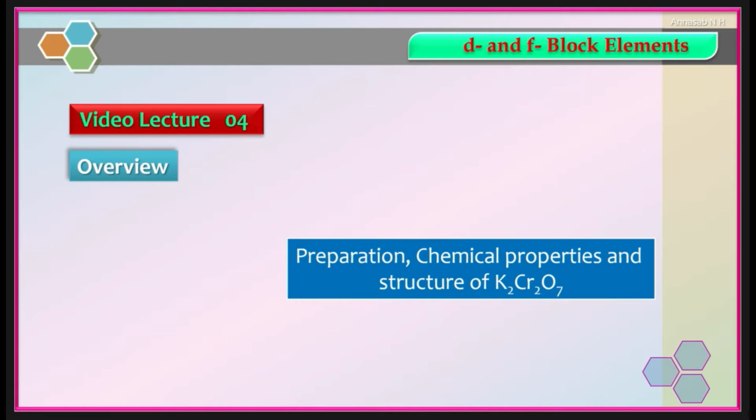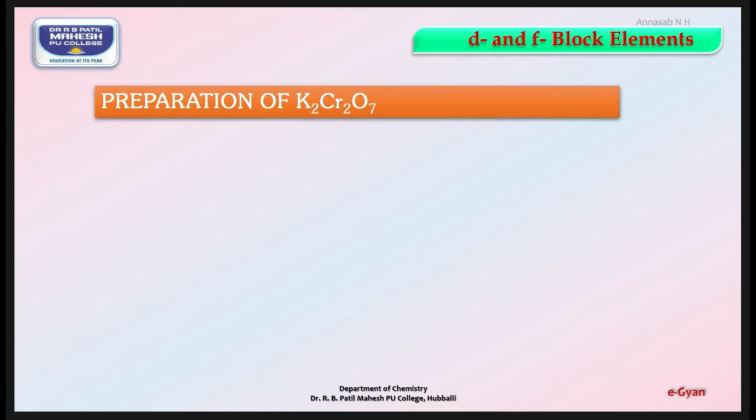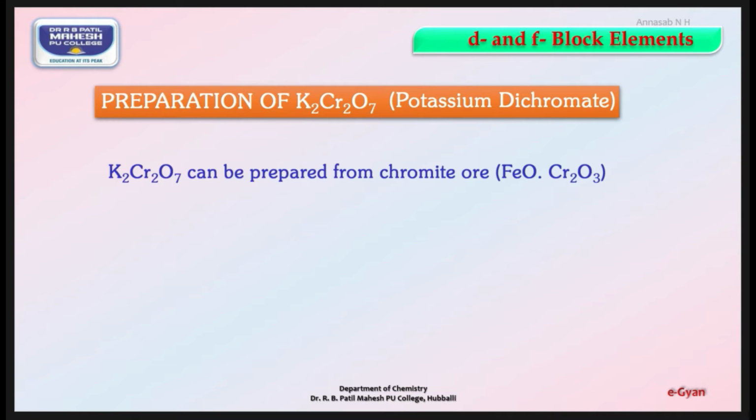It is one of the important preparations which is repeatedly asked in the exam for 3 marks. Let us begin our today's session with preparation of potassium dichromate. To get potassium dichromate K2Cr2O7, we use chromite ore or ferrochrome as one of the important components from which we can prepare potassium dichromate.